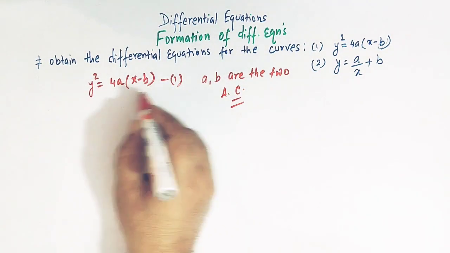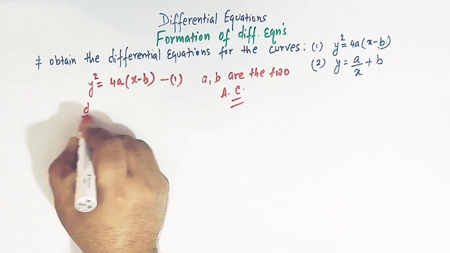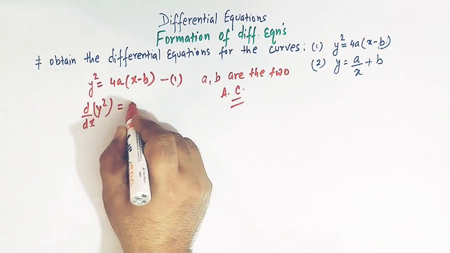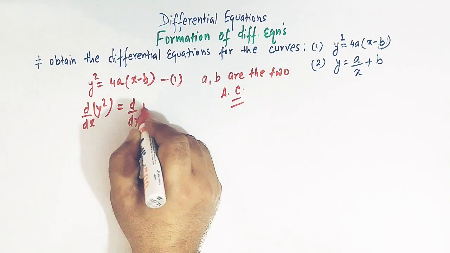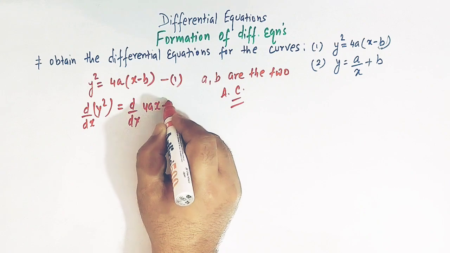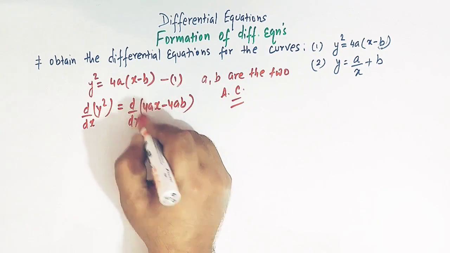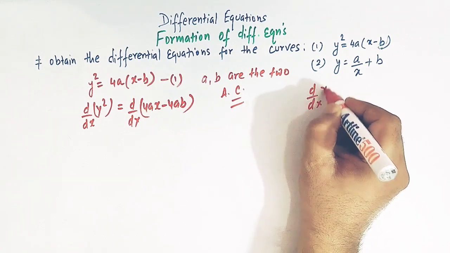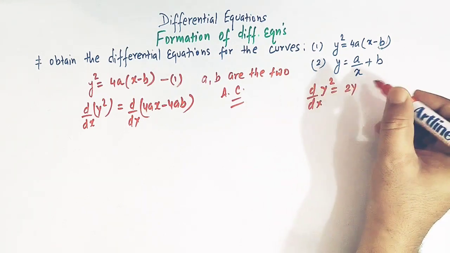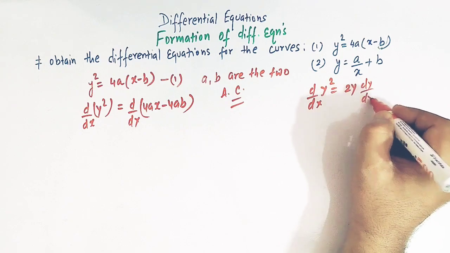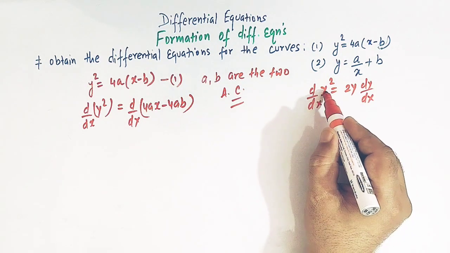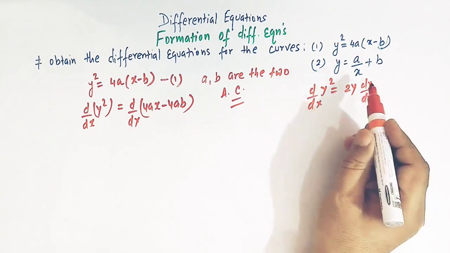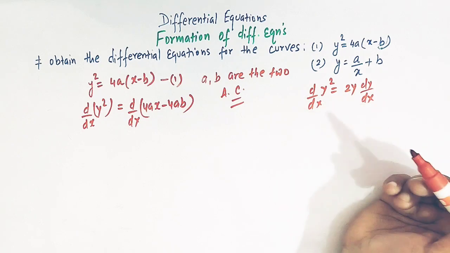Now let us differentiate both sides. Here the derivative of y square, and here we have d/dx of 4ax minus 4ab. We know that the derivative of y square is 2y dy over dx, because first we differentiate y square with respect to y, we get 2y, then by chain rule we have dy over dx.